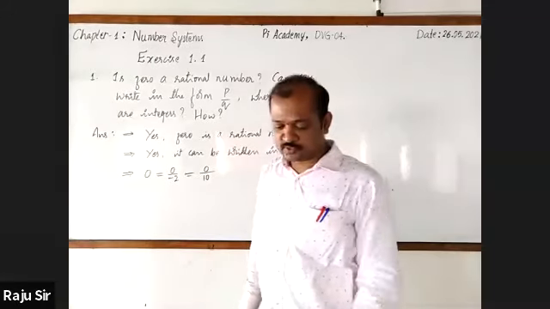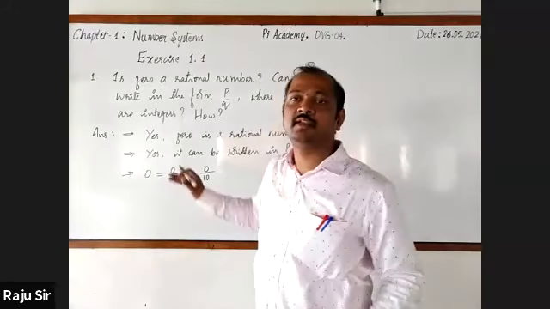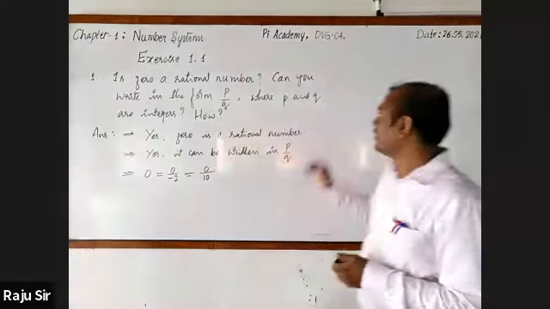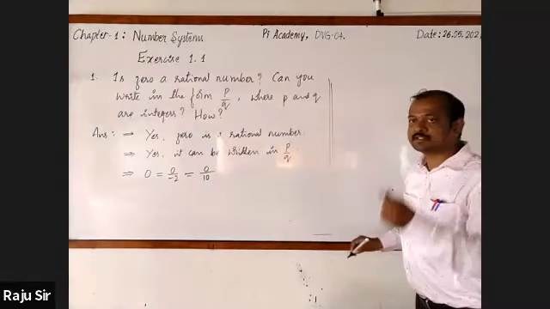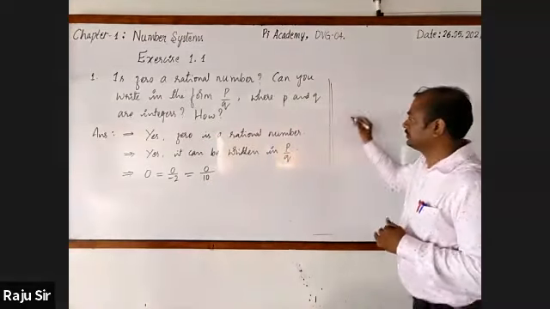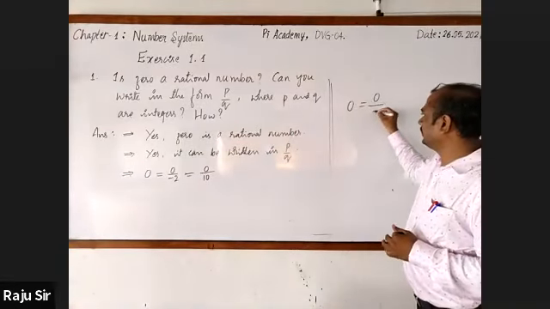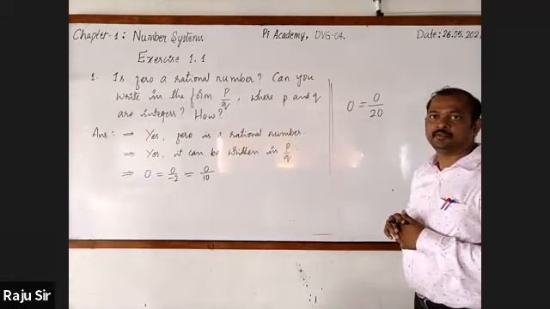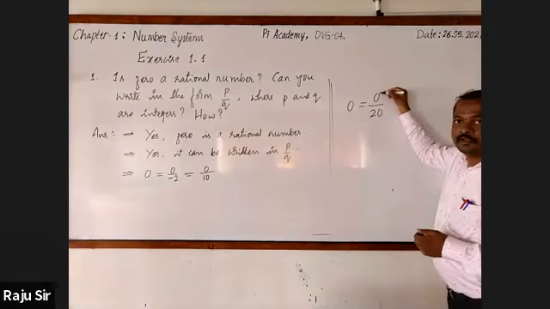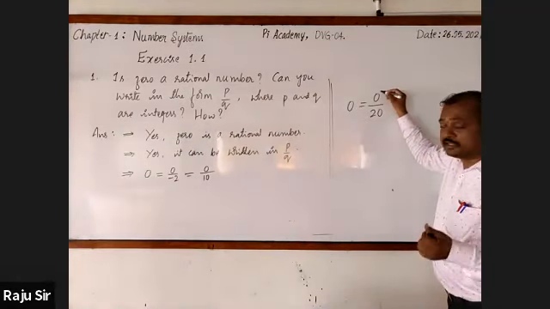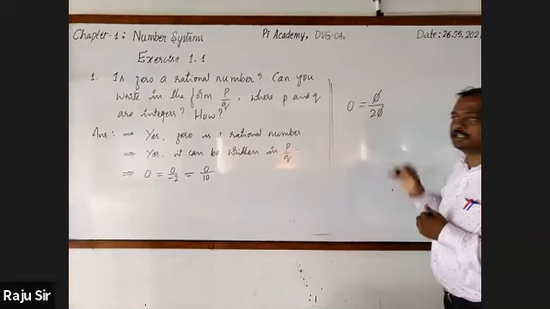But one thing, just observe here. Yesterday, one student was discussing with me regarding this one only. He had written 0 by 20, and he had cancelled 0 and this 0.